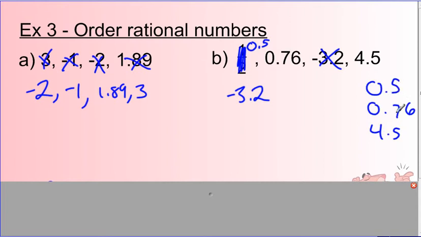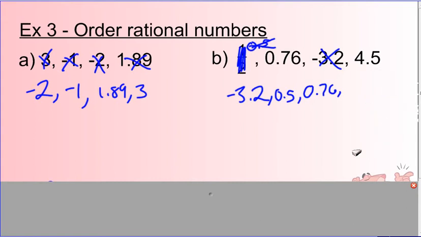We've got a 5 or a 7. Which of those is smaller, 5 or 7? Well, the 5. So 0.5 is our next smallest number. Then what? Well, out of these two, 0.76 is smaller, which would make the 4.5 the biggest.